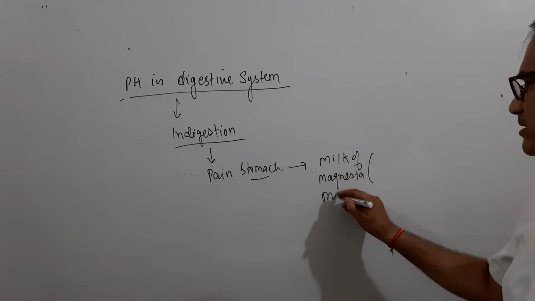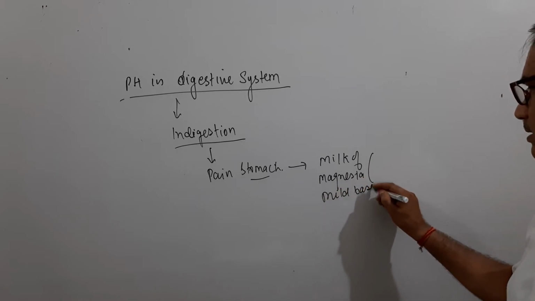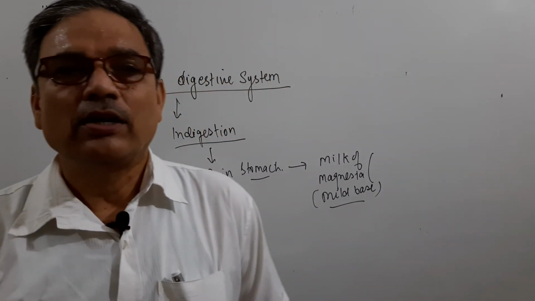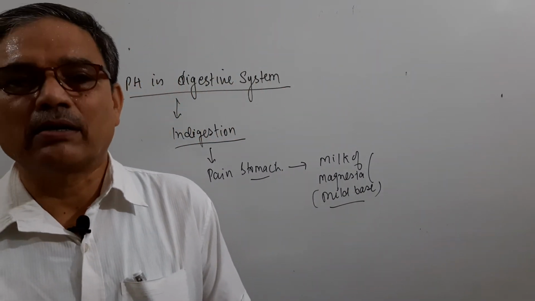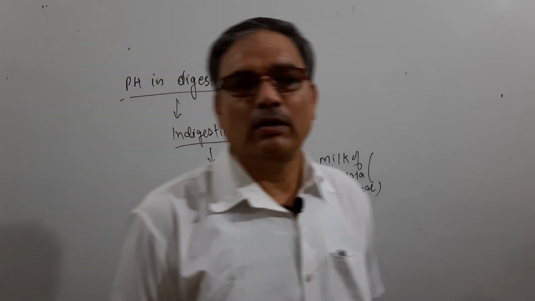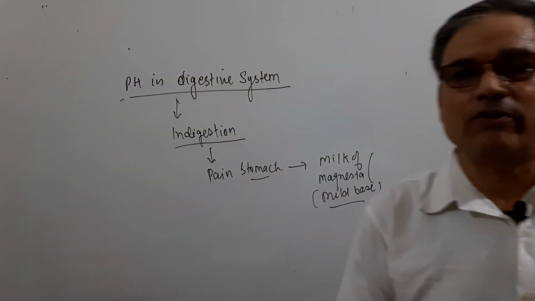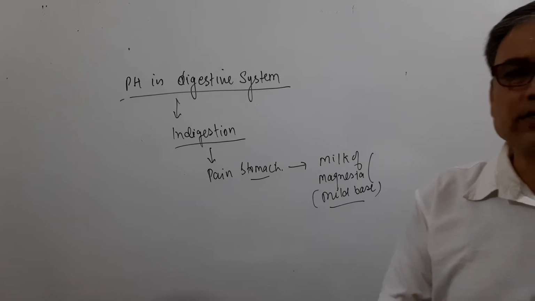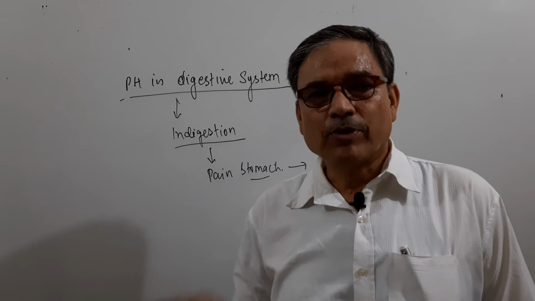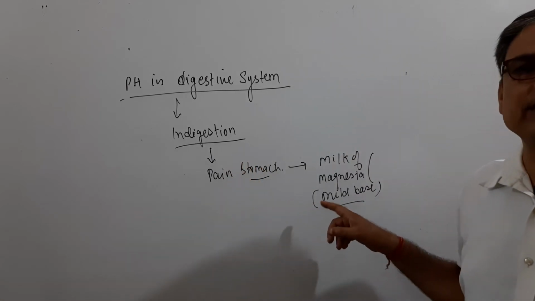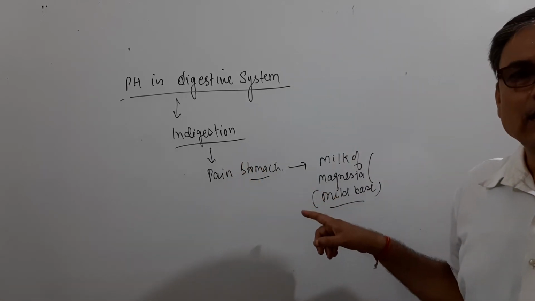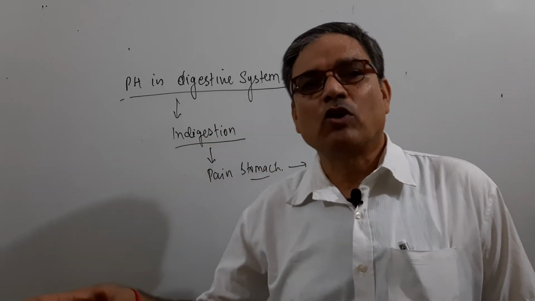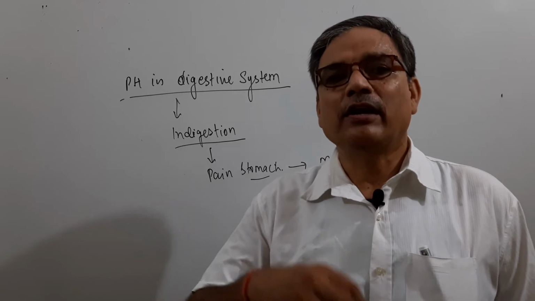which is a mild base, meaning it acts as an antacid and reduces the effect of acid in our stomach. The concentration of acid in our stomach will reduce because that acid reacts with the milk of magnesia, which is a base, and that base neutralizes or reduces the effect of acid and forms salt and water, and we get relief.